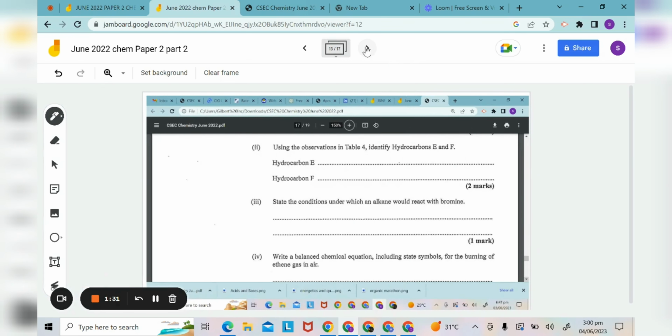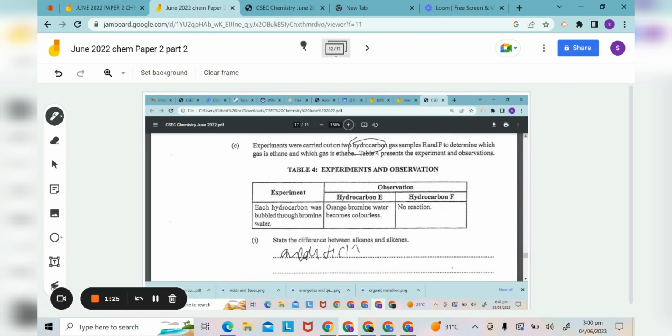Yes. So use the observations in table 4 to identify hydrocarbons E and F. They did not mention any light, so no light was mentioned in this. So if there's no light, then the reaction of bromine with the alkene, so E is the alkene, would occur in darkness.